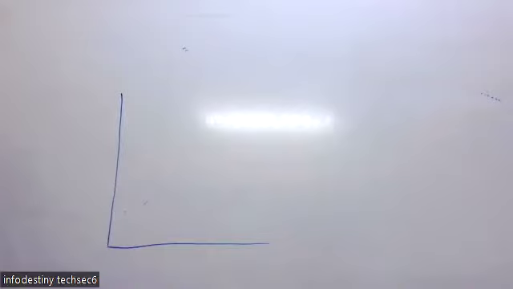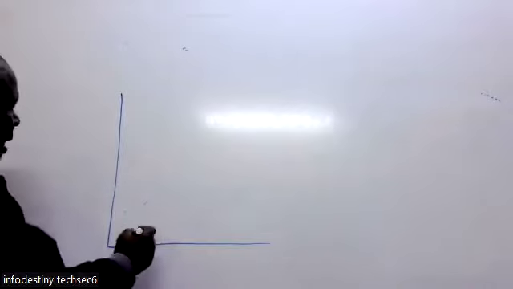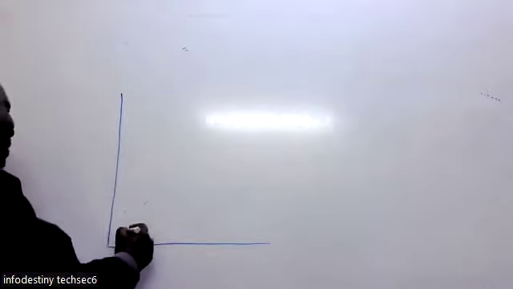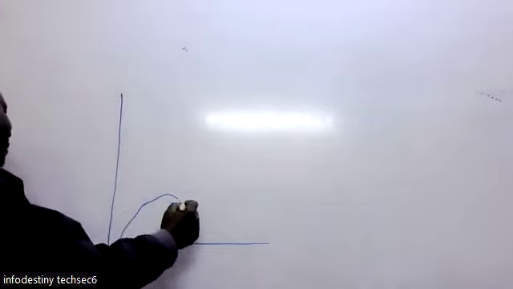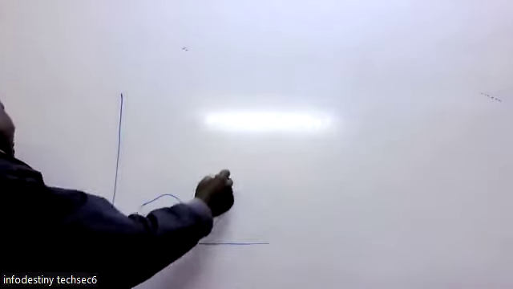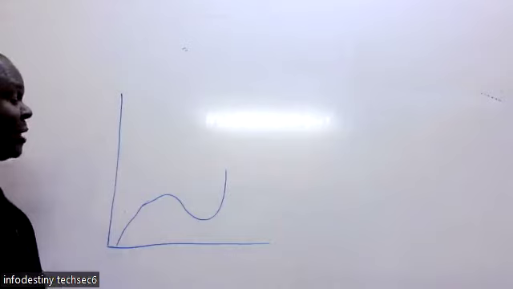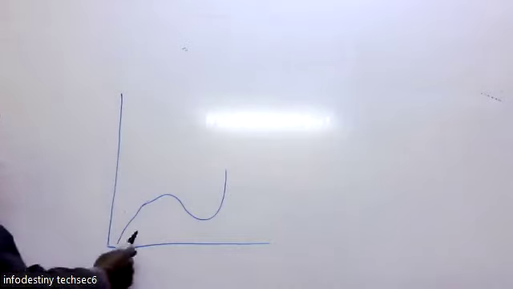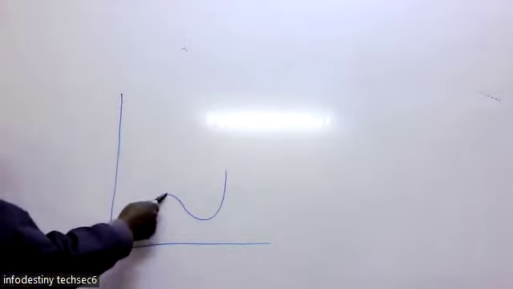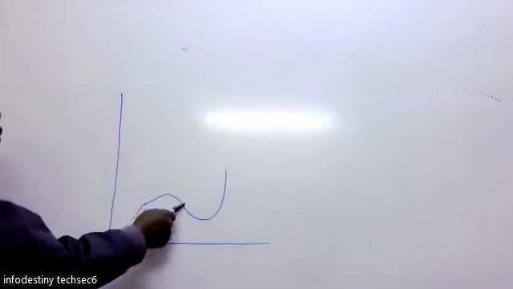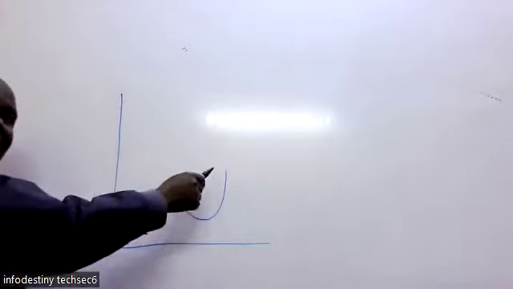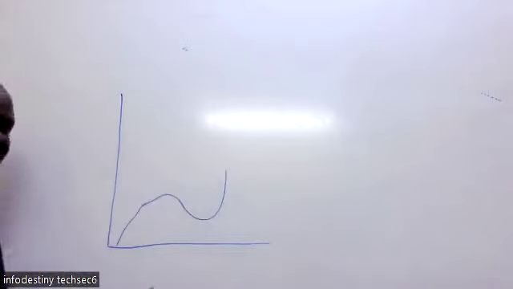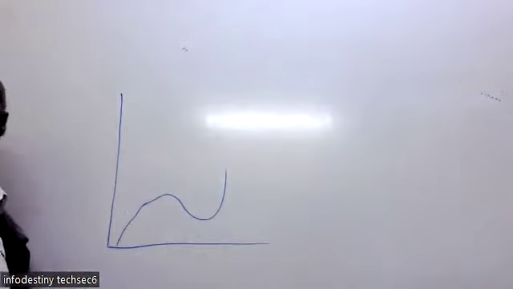Now I want you to just, if you try to draw a curve like this one, the person who studies this particular curve is going to tell you that maybe during this particular period, there's a higher sales. Then after that it's dropping, then increasing again. I get the point. So it means that you can understand what is the movement of that particular curve.